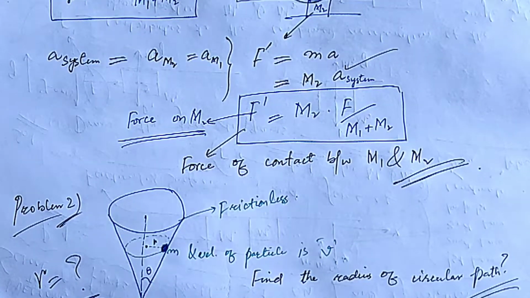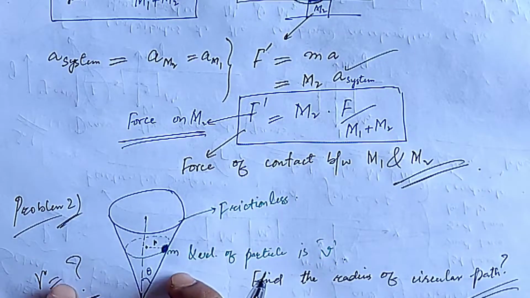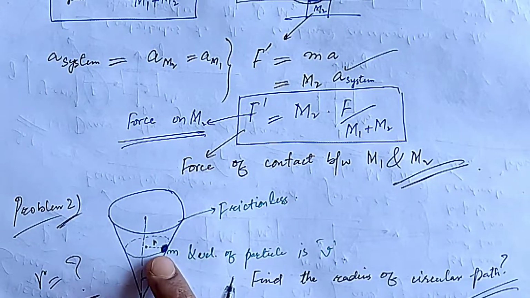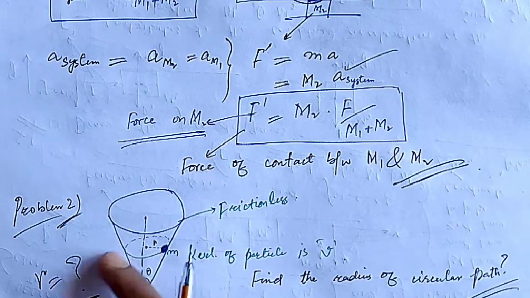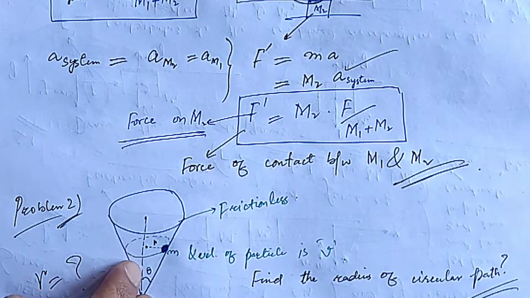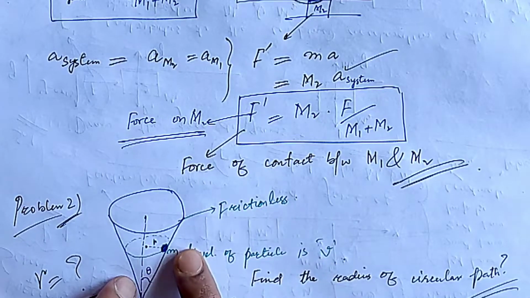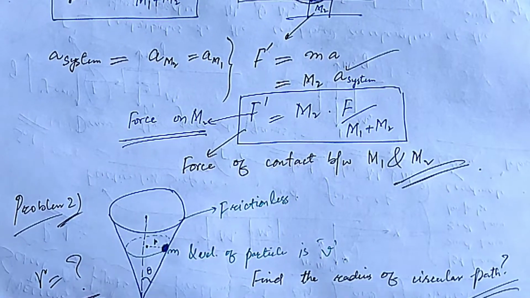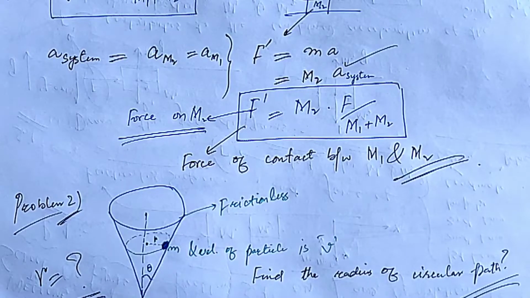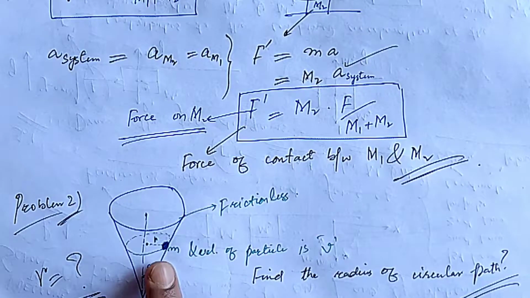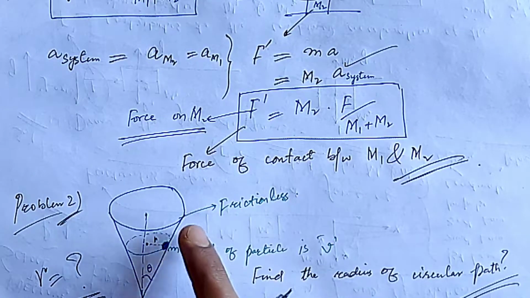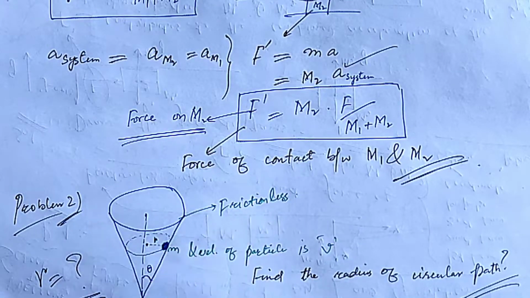So how to find that? Keep this diagram in mind. We have a particle moving along a circular path. The conical half angle is theta, velocity is v, and the mass is m. So how to determine this sort of problem? Keep in mind that the body surface is frictionless, so there is no contribution from frictional force.